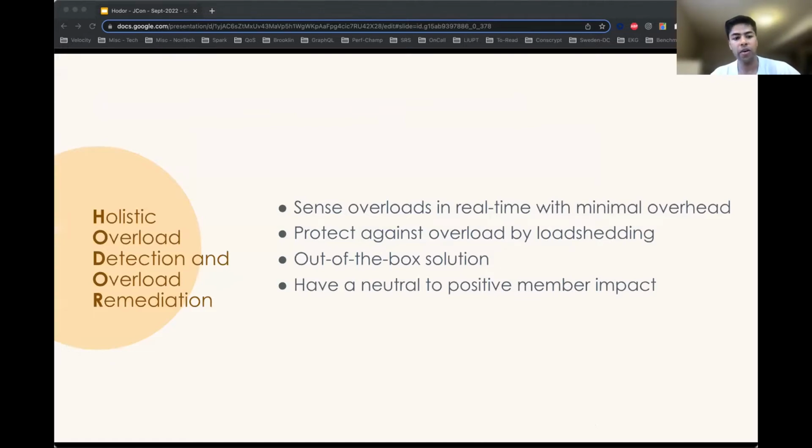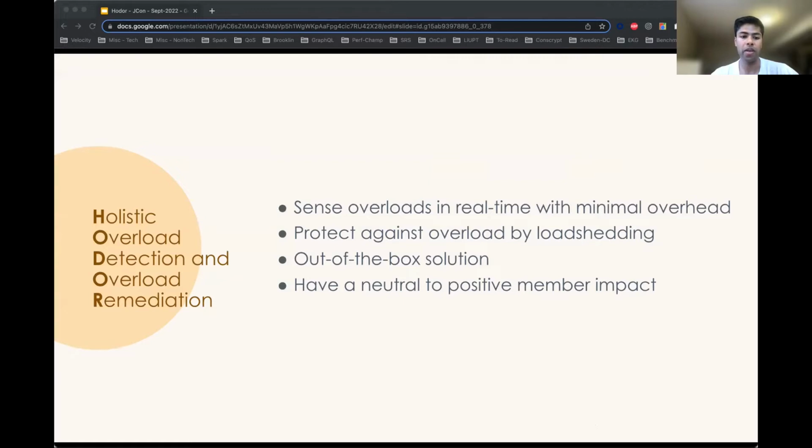All right, so now that we understand the different types of overloads and associated risks, let's talk about the goals of Hodor as they pertain to overloads. The first goal of Hodor is to detect different types of physical and virtual overloads in real time with minimal overhead.